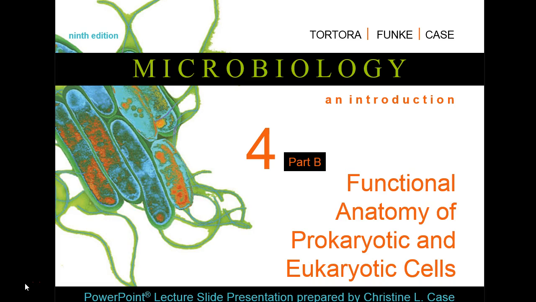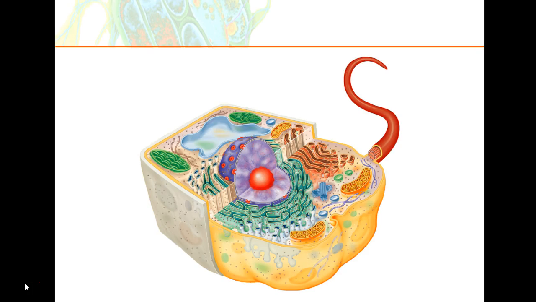But as far as the cellular level goes, I just wanted to remind you of what a eukaryotic cell is. Remember, it does have all of those organelles, the mitochondria, which is nicknamed the powerhouse of the cell, and the Golgi apparatus, and it's got the smooth endoplasmic reticulum, the rough endoplasmic reticulum.